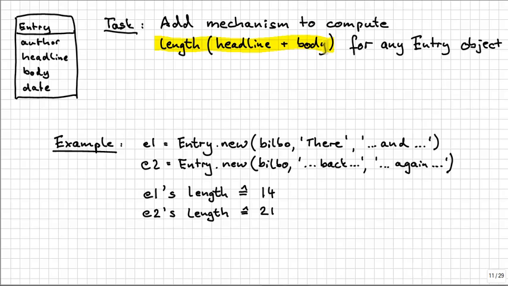And so what we want is if we create two entries, E1 and E2 say, so E1 has the headline there and the body text, and E2 has the headline back and the body again, then we want E1's length to come out as 14 and E2's length to come out as 21. So the question is, how can we accomplish this?